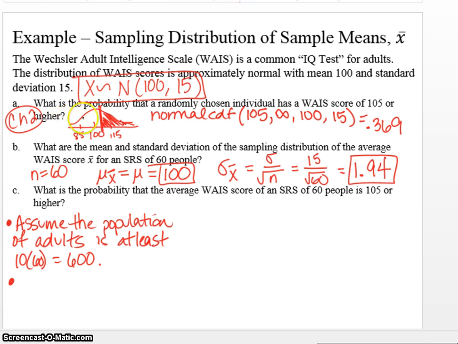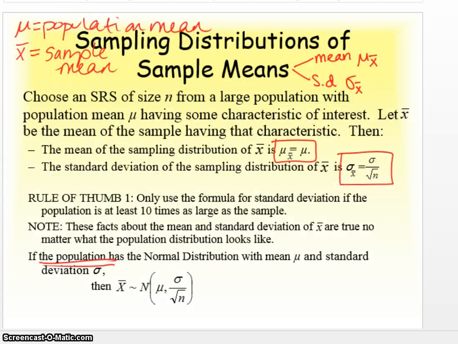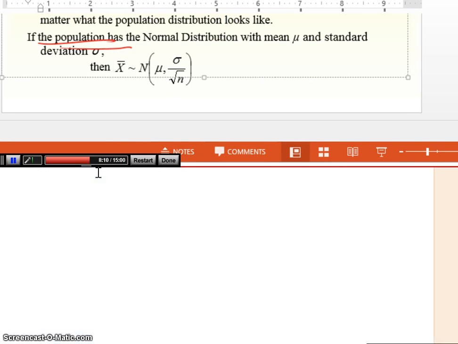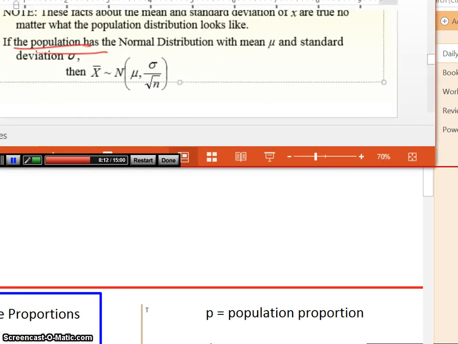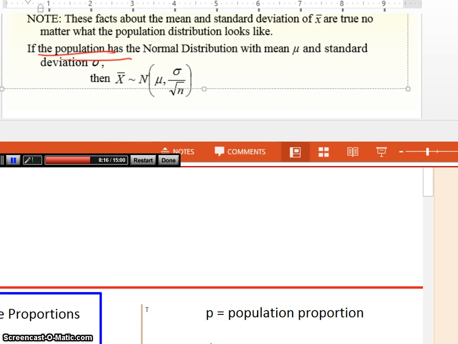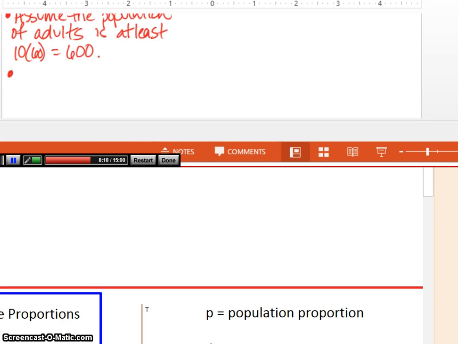Now, if we're going to do part C, we need to say that the X bars are normally distributed. The sampling distribution is normally distributed. So if you remember, if the population is normal, the sampling distribution will also be normal.